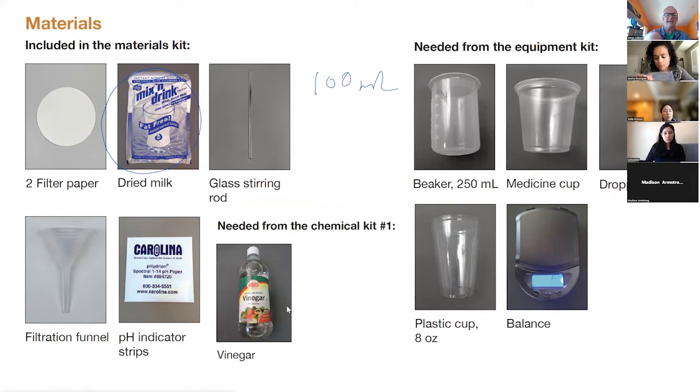And then we're going to take 10 mils of that and treat it with acid. So we're going to need our acetic acid. Here's the acetic acid. And we'll be adding that drop by drop and then stirring with our glass stirring rod, unless yours is broken like mine is.